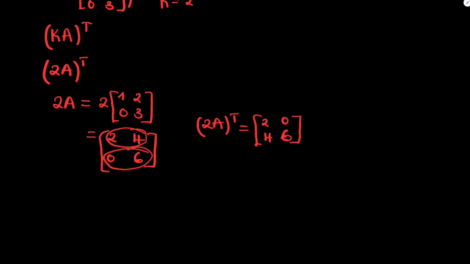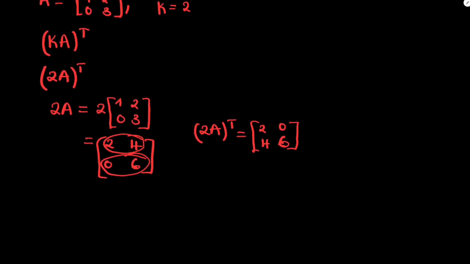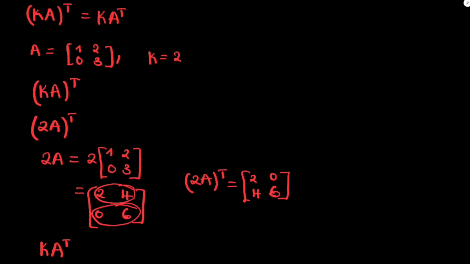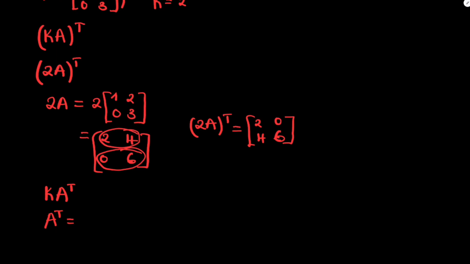Okay, so we have that. Now let's take the right hand side, that is the scalar times the transpose. So now let's take the transpose of A alone. So the rows become the columns. So we have 1, 2, and we have 0, 3.